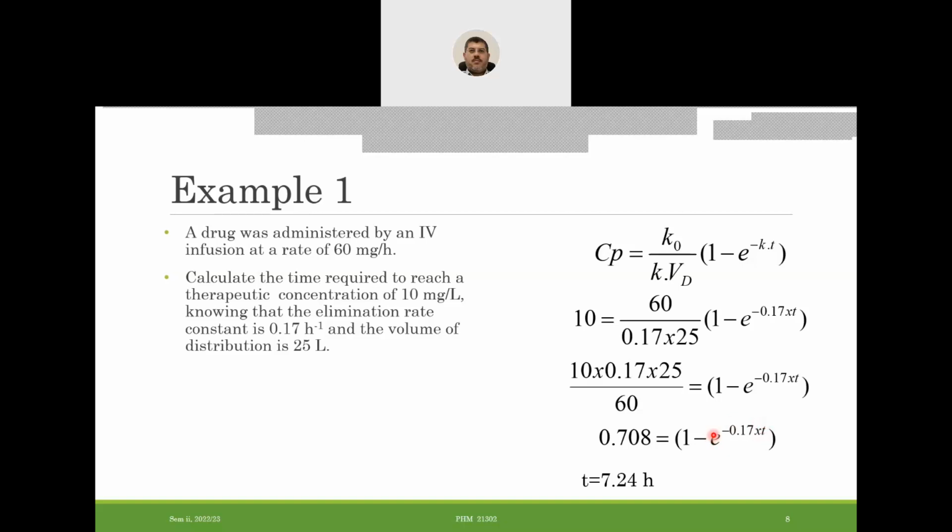So this one alone is 0.292. How to get t from this?